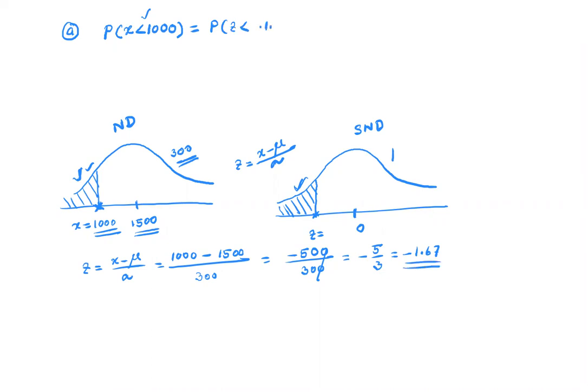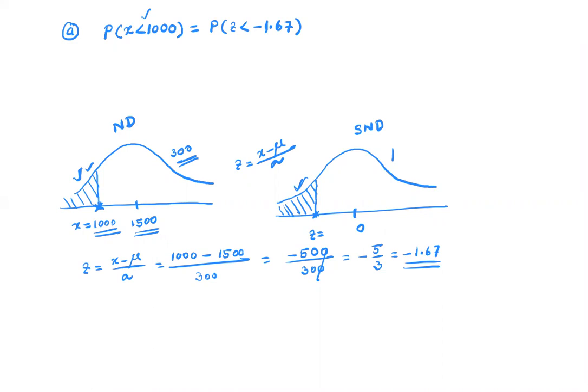And this is one very important point. Finding the probability that a randomly selected person makes less than $1,000 is the same as finding that z is less than negative 1.67. All right, this is very important that you realize it.